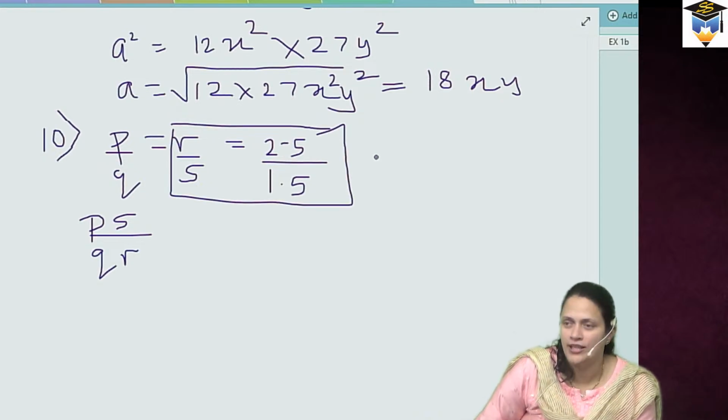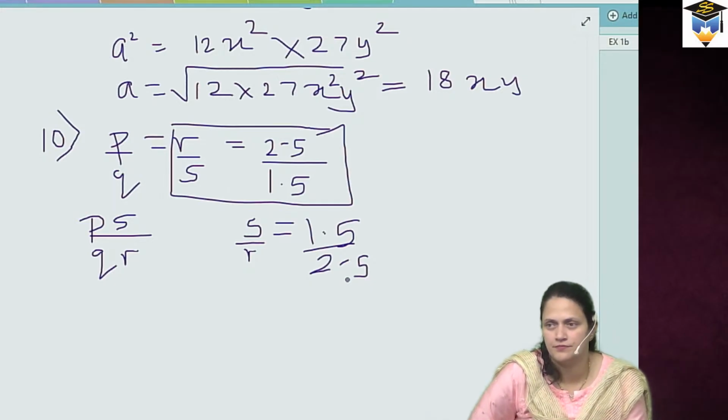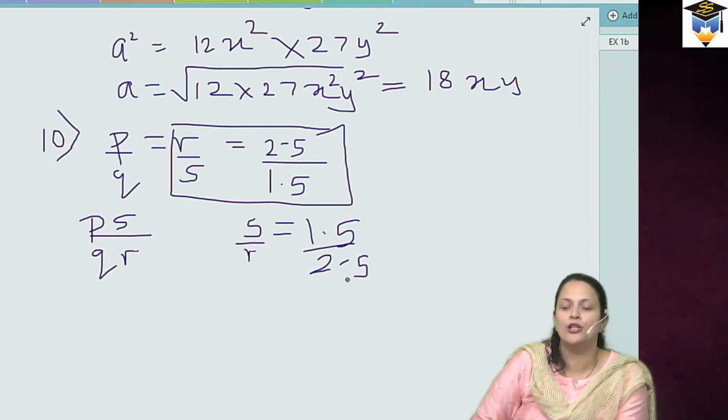By applying invertendo, I will write this as S upon R is equal to 1.5 upon 2.5. Is it correct? Now we have to find out PQ upon SR into SR, that means PS upon QR.